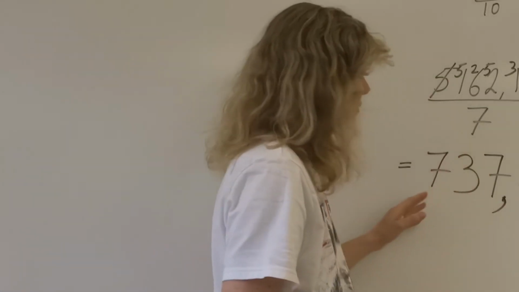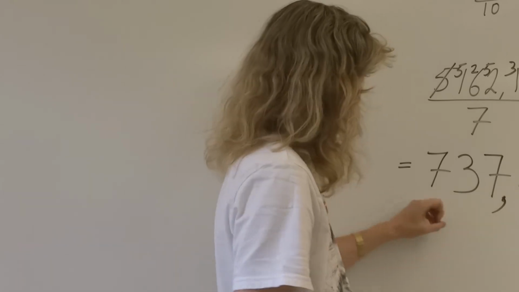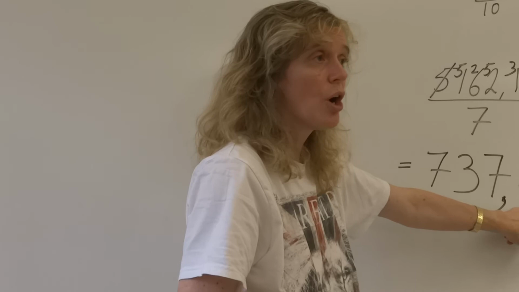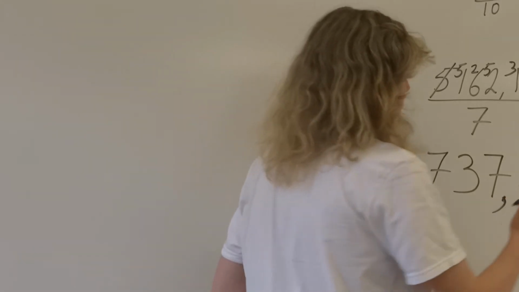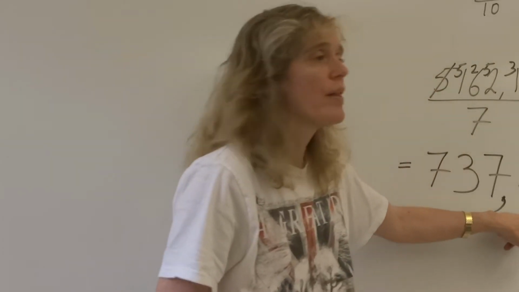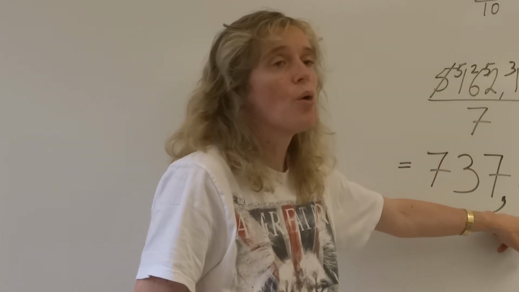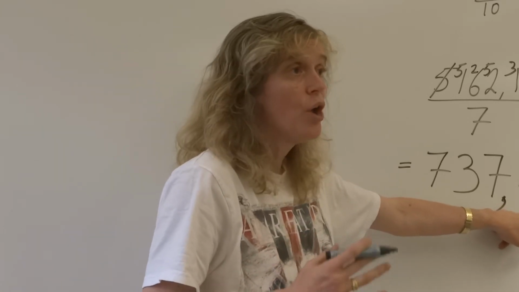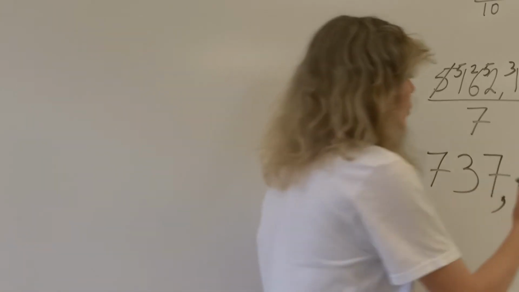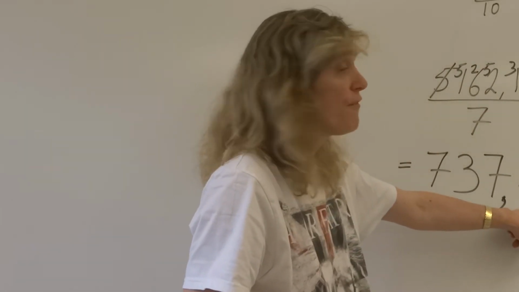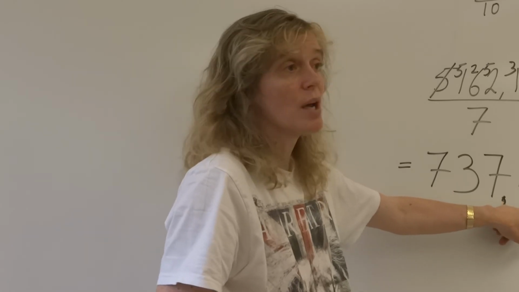So the answer to these first initial 3 decimal places would be 737.442. I want you to chop after the second decimal, which means I want you to chop after here, in order to know whether this number stays the same or goes up 1, because those are the only 2 options. Either the 4 stays as a 4 or it moves up to a 5. You've got to calculate the number afterwards. Because if that is a 5 or higher, this number goes up 1.